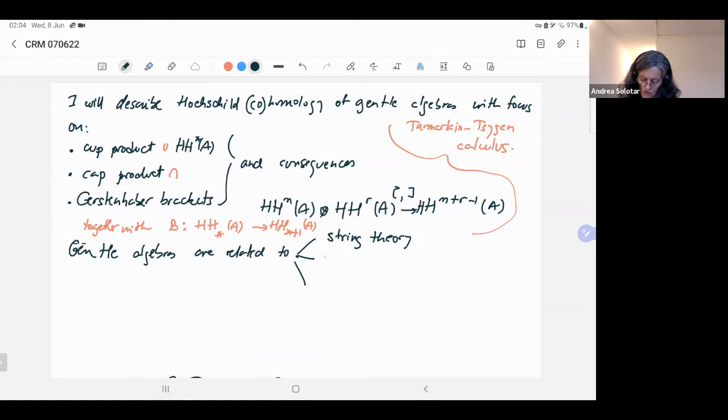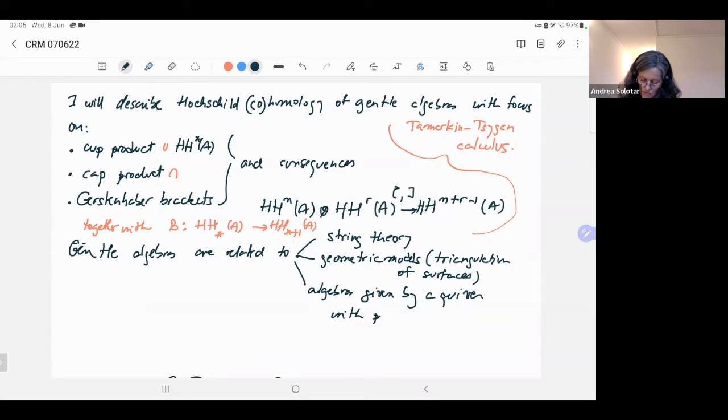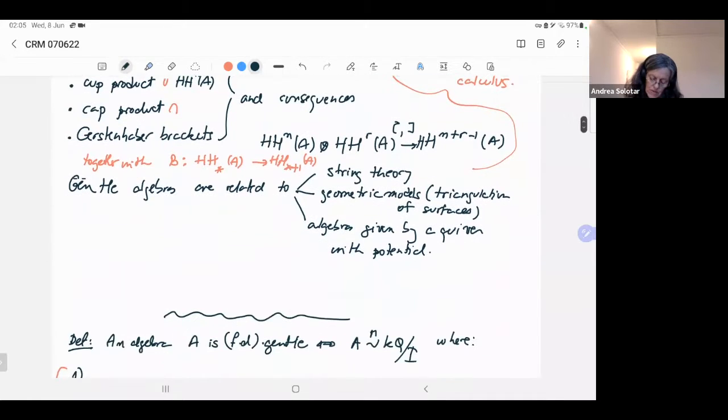They also have geometric models related to triangulations of surfaces, and they are also related with algebras given by quiver with potential. So they are interesting from the computational point of view, and they are also interesting because they appear in many interesting places.